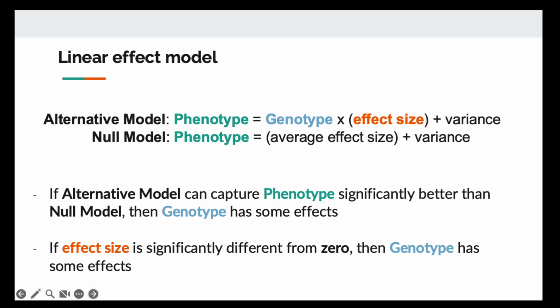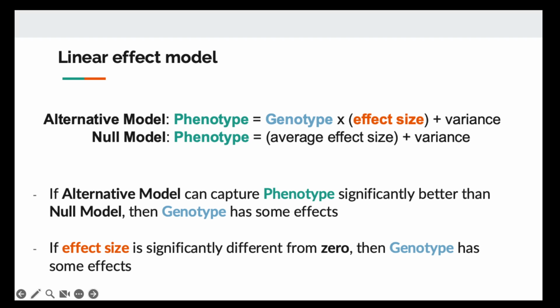If we want to support the idea that genotype is important in terms of statistics, we want to show that the alternative model that incorporates genotype information can fit or predict the phenotype significantly better than the null model.